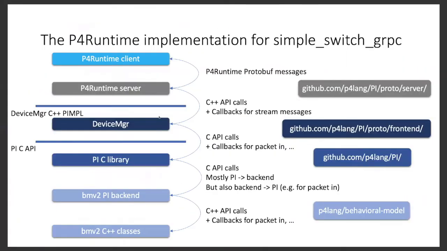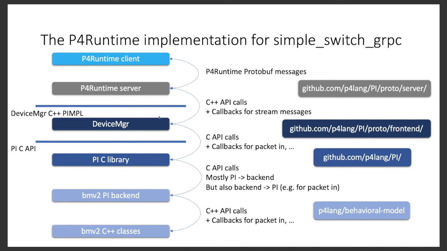Antonin? Yep. In this picture, everything from the P4 Runtime server box on down, in the Simple Switch gRPC case, it's all in the same Linux process. Let's say if you're running a Simple Switch gRPC on a Linux process. Is that true? That's correct. And one consequence of that, I think I touch on that later as well, is that in the case of BMV2, you can only have one switch or device per P4 Runtime server.